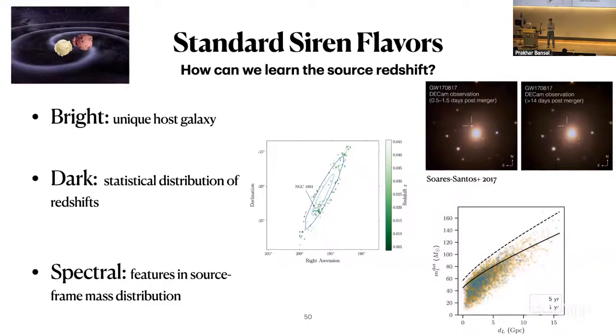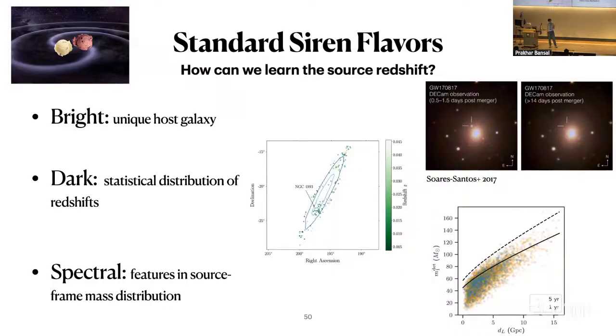The first category for getting that redshift information was bright sirens, where there's a counterpart, especially if it's a kilonova or an optical counterpart like an AGN flare, which tells us what the host galaxy is because we can localize it really well with our electromagnetic telescopes, unlike our gravitational wave observatories, which do not localize things well.